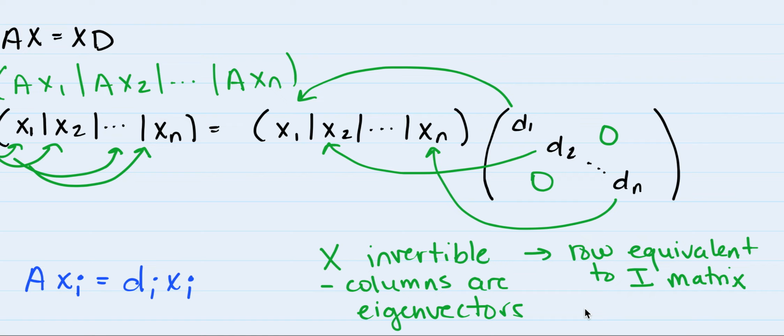In every single column, you'll have a 1. You'll have n columns if this is an n by n matrix. That tells us that the column space of X is Cn. So each one of those columns is linearly independent from the other columns.